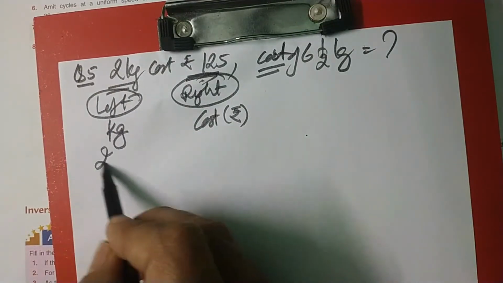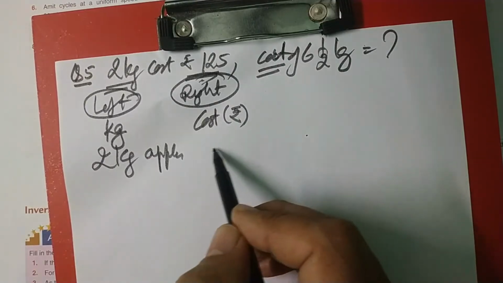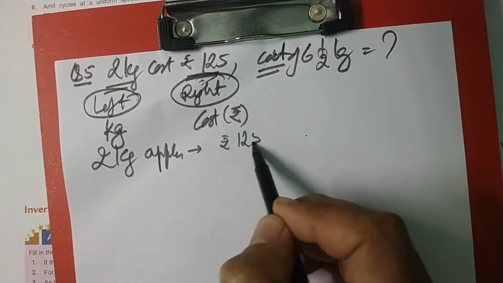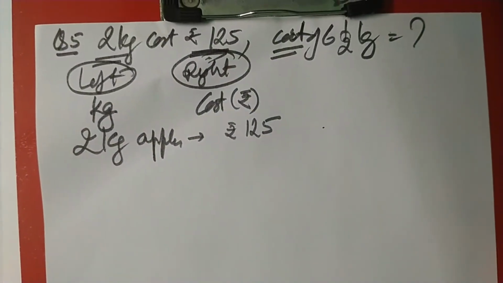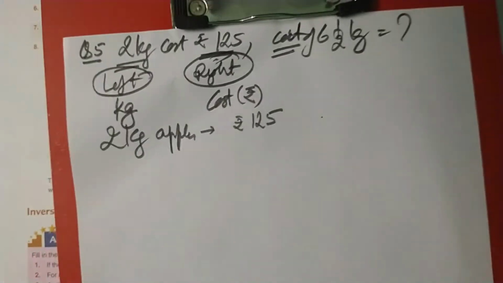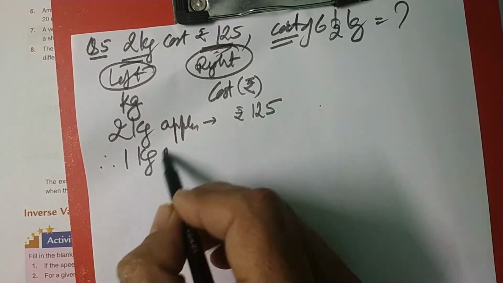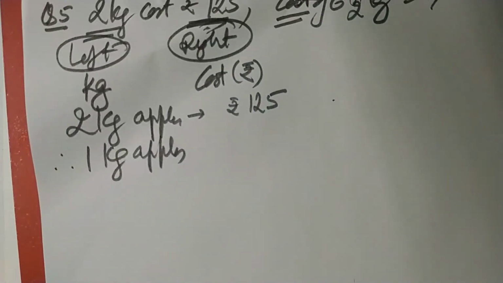So now question number 5. I will write now 2 kg apples cost rupees 125. So first from the question we will write what is given. 2 kg cost rupees 125. Therefore, 1 kg apples will cost more or less? Simple.